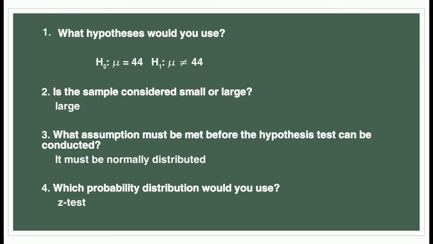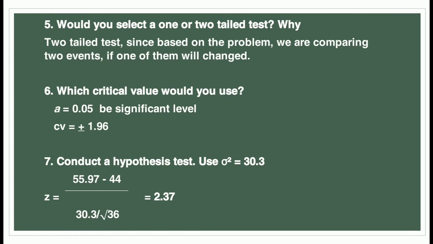The fourth question is, which probability distribution would you use? The probability distribution we use is z-test. The fifth question is, would you select a one or two-tailed test? Why? We would select two-tailed test since based on the problem we are comparing two events, if one of them will change.